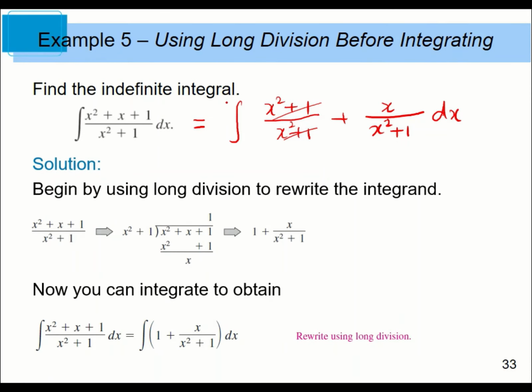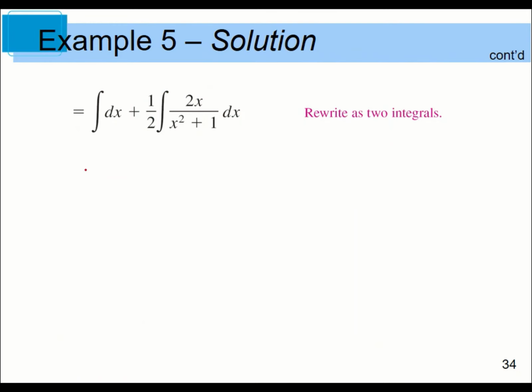Now, after we simplify this, we are going to integrate 1 plus x over x squared plus 1. Integrating 1 will give us x. And for this part, we want this to be the differentiation of the denominator. This is the differentiation of x squared, so we add 2 to the function.